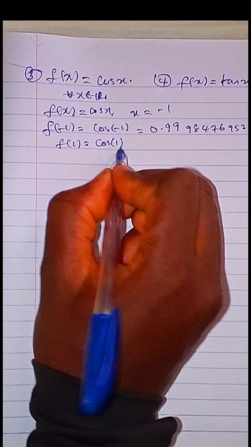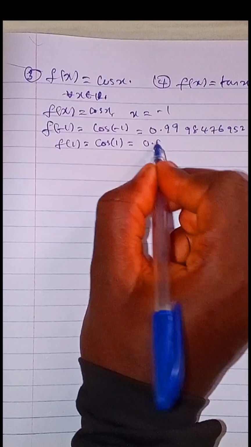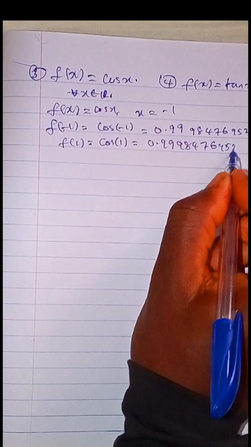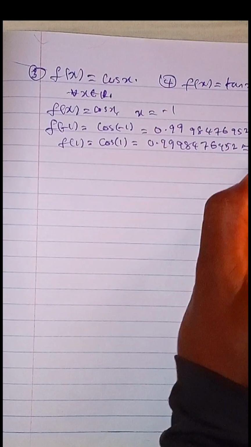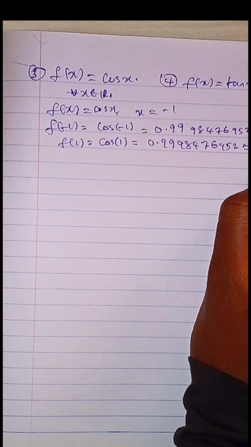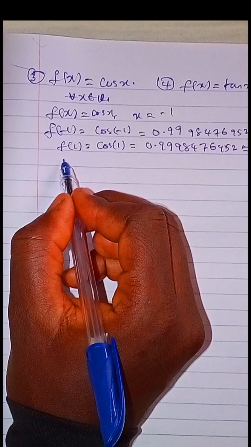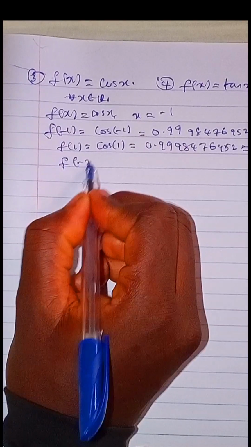cos 1. What is cos 1? 0.9998476952, approximated to 4 decimal places, 0.9998. So for this, plug in minus x.